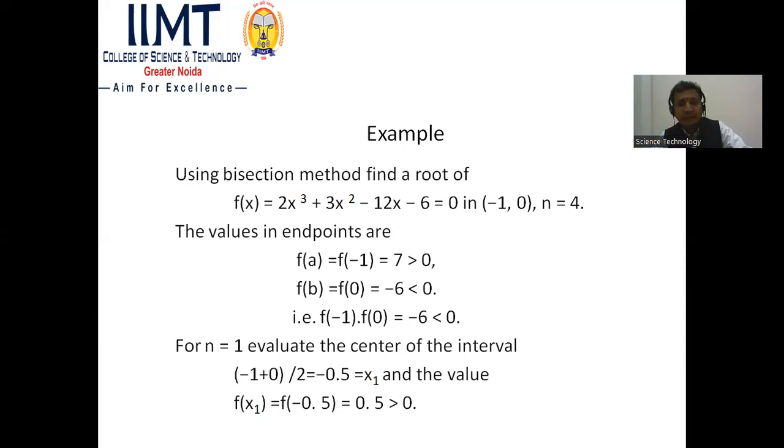We will find the functional value at this point. We notice that the functional value is 0.5, which is positive.